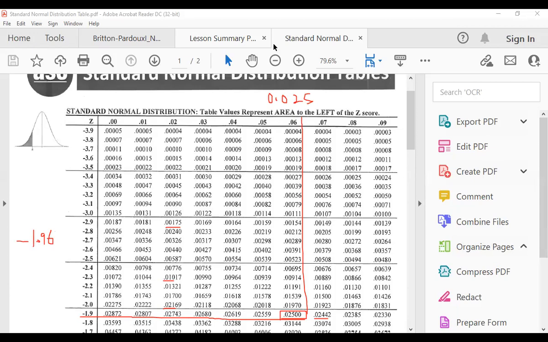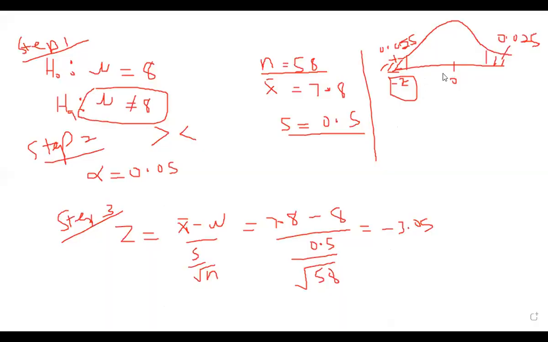So let's go back to our whiteboard. Okay, so which means that we have our lower threshold value as minus 1.96 and then 1.96 here.